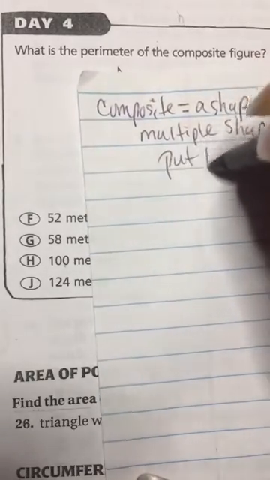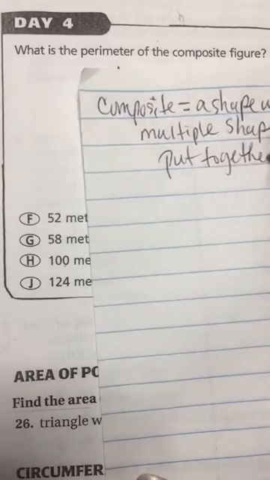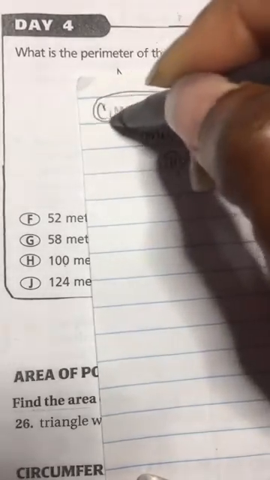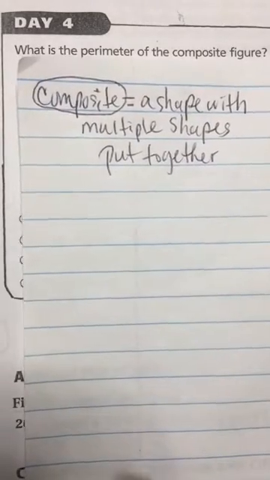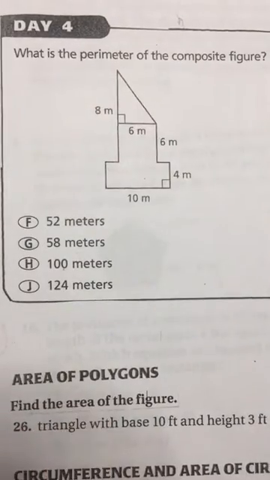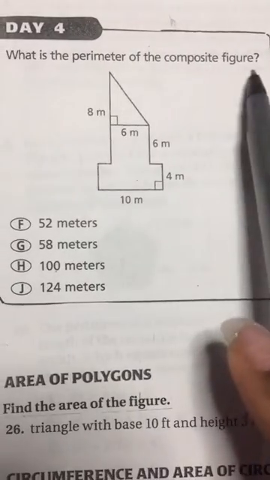That's all it means. A shape with multiple shapes put together means composite. What is the perimeter of the composite figure?